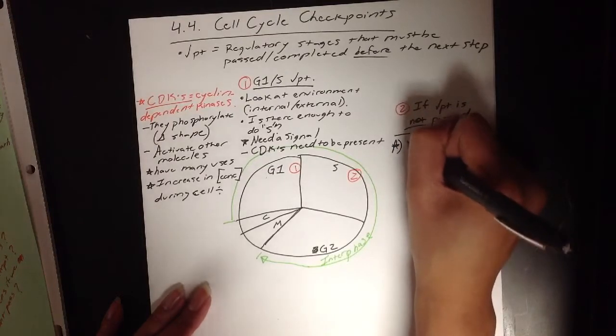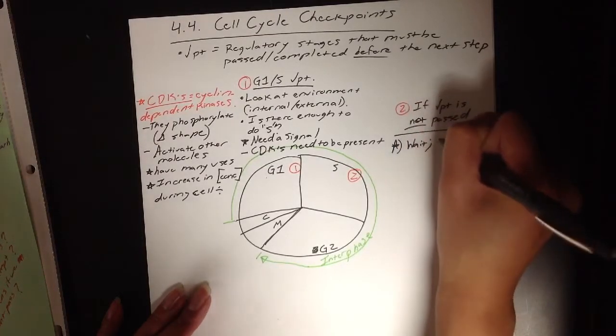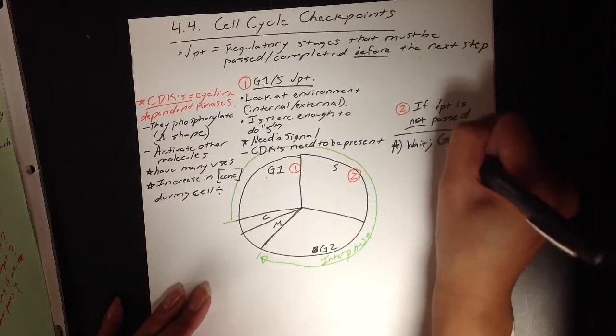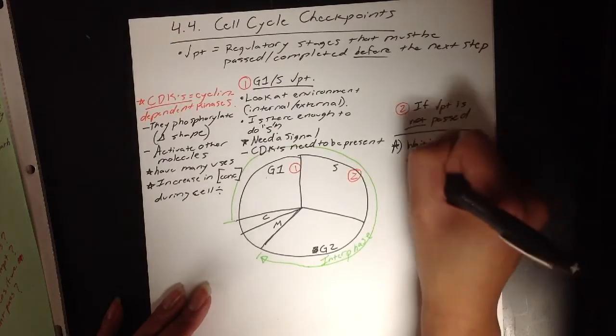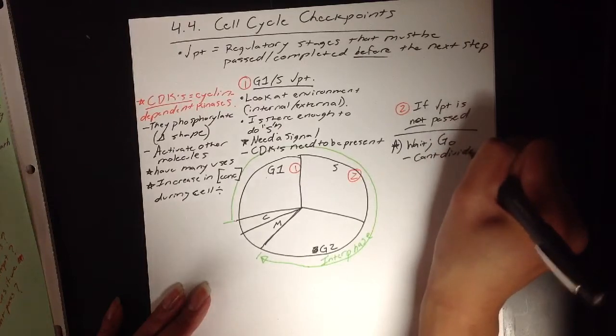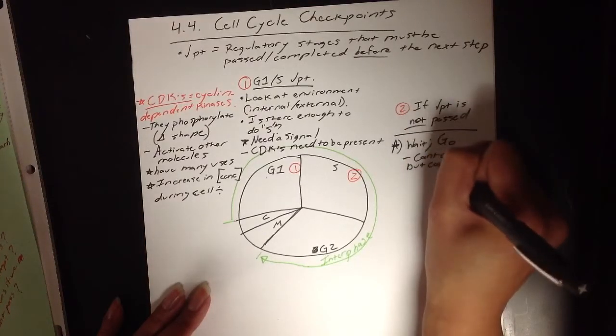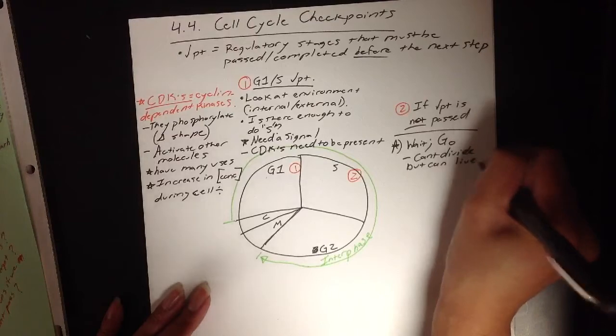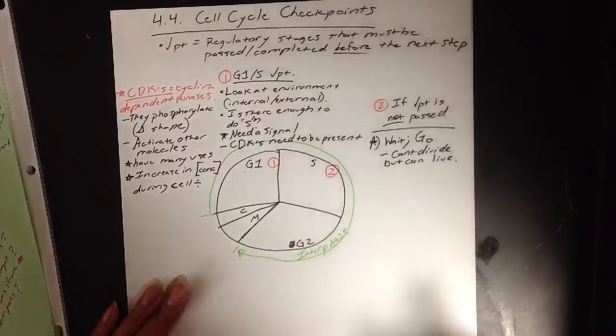A, it could wait at G0. It can't divide, but can live or continue whatever its function is.